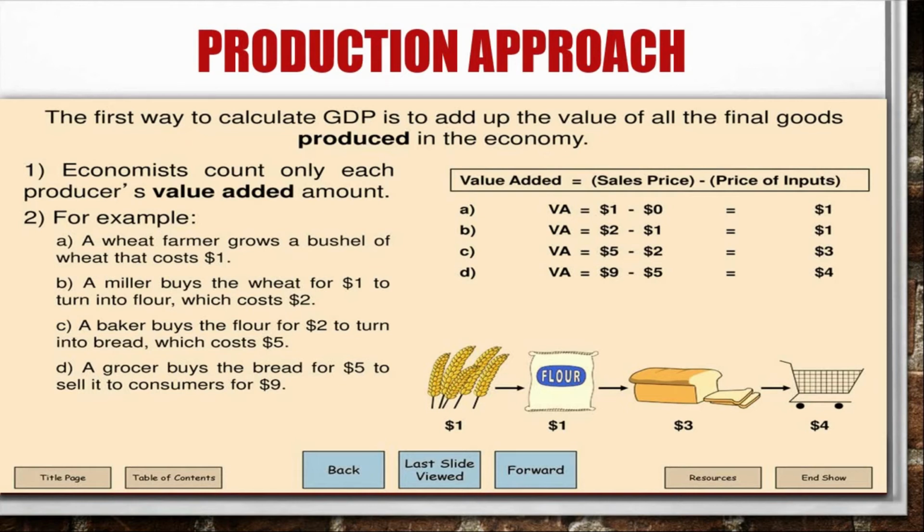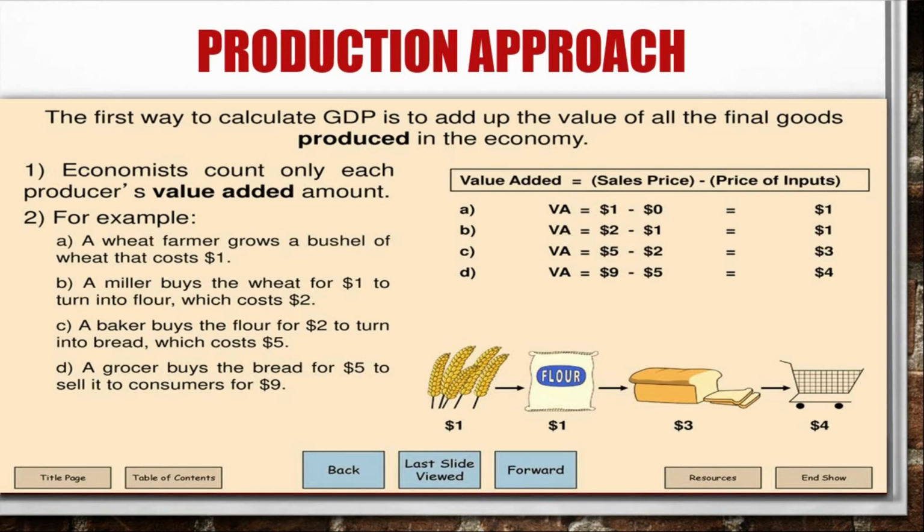So here the value added is $1 minus $0, because they grow the wheat, so the price of inputs is zero. In the next case, 2 minus 1 is also 1. And the value added in the third case, where the baker buys the flour, is 5 minus 2, because he sold it at a cost of $5.